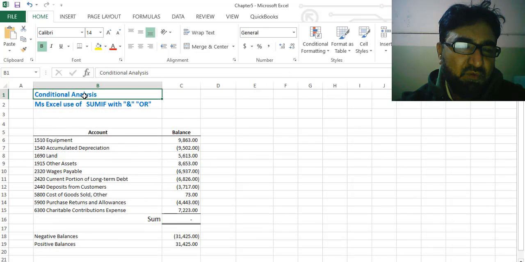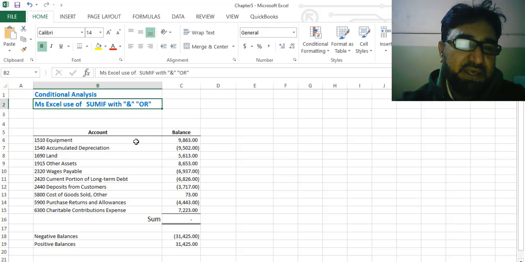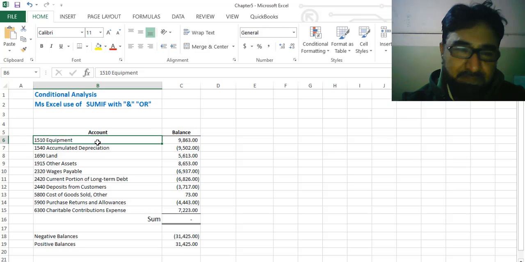Here we are focusing on the conditional analysis, and we are going to use SUMIF with the ampersand and OR. How can we use this? Here is the simple data.